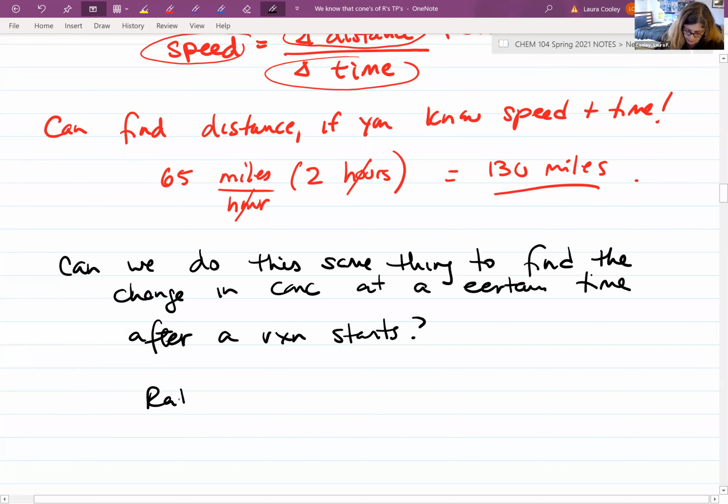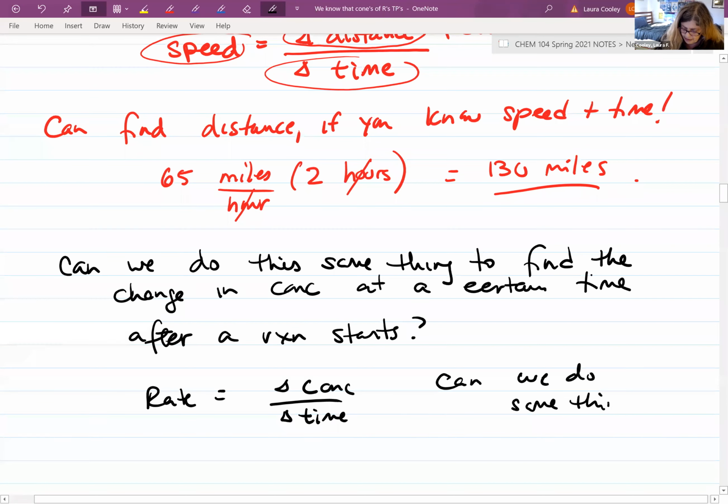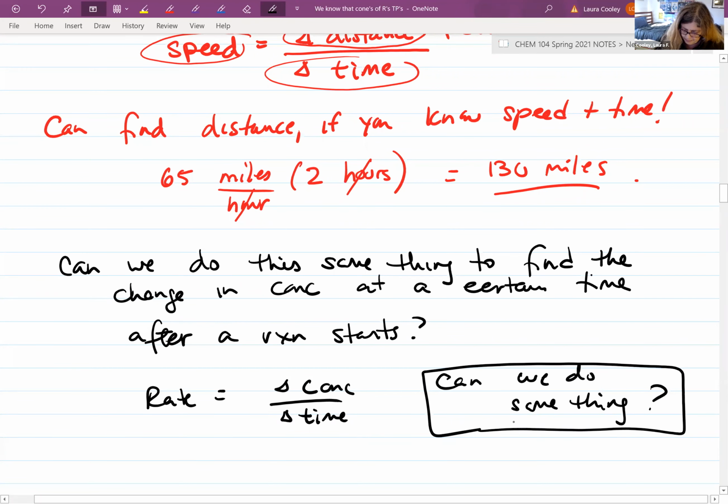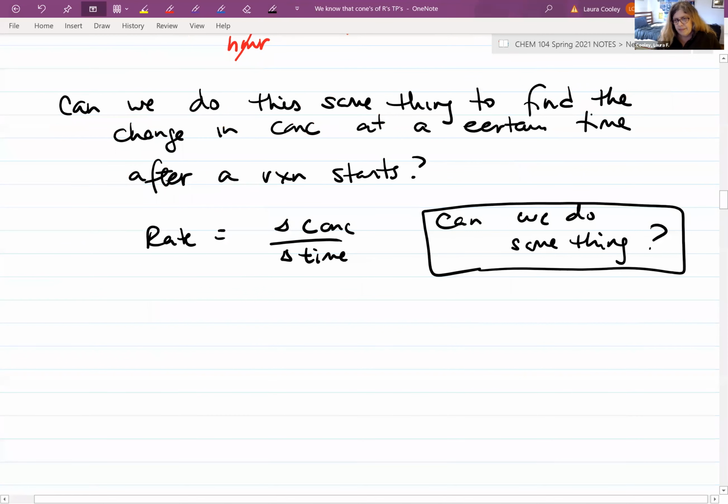In other words, if the rate is the change in concentration over the change in time, can we do the same thing? What do you think about that? Anybody? Seems like the same equation, right? Seems like maybe you should be able to use it. But what do we know about reaction rates? What do we know about them?